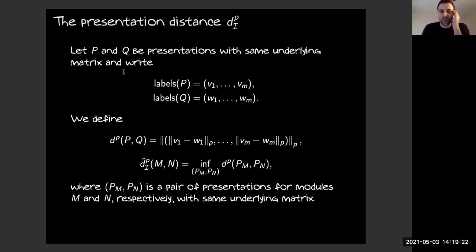First, I'm going to define some kind of L^p type distance between two presentations. I'm going to let P and Q be presentations with the same underlying matrix. So the matrix is the same, but the labels can be different.